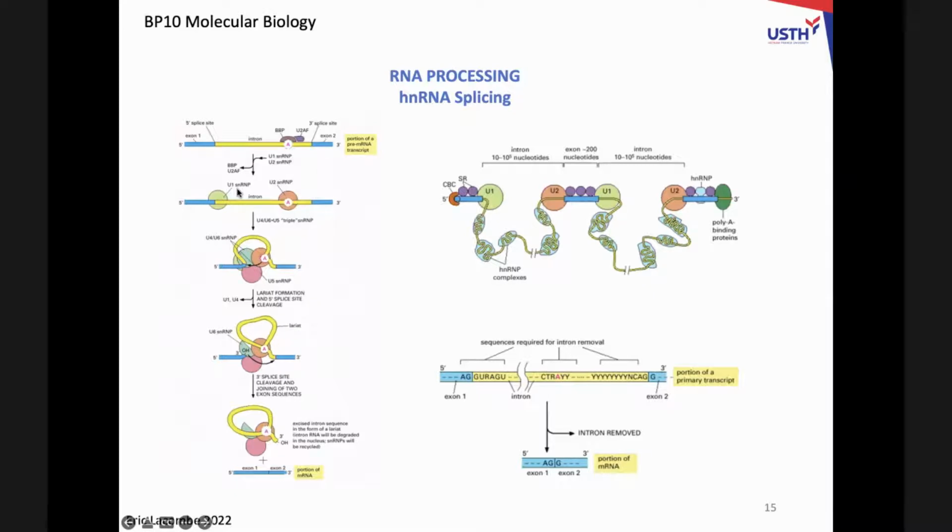It means small nuclear for sn, and RNP is ribonucleoprotein. So U1 and U2 are big complexes containing proteins and RNA as well, like the ribosome. The ribosome contains protein and RNA, but those factors also contain RNA and protein.